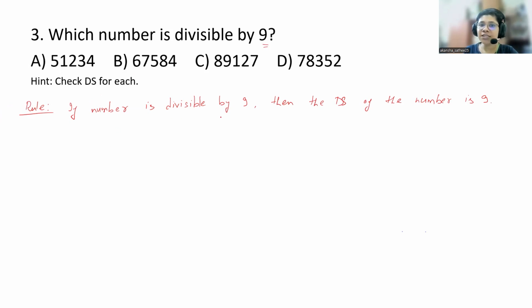So if number is divisible by 9, that means the digit sum is 9. So we can use this statement. So that means if digit sum is 9, then number is divisible by 9, isn't it?